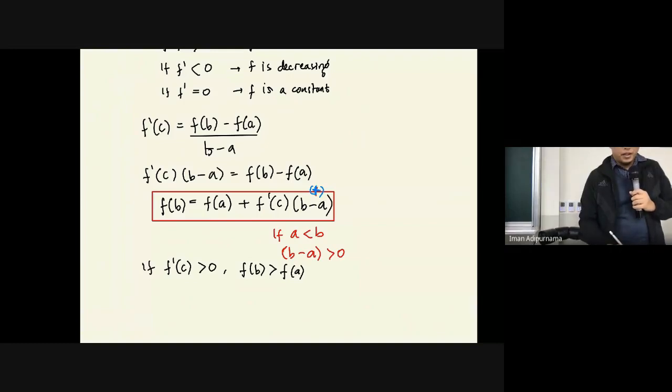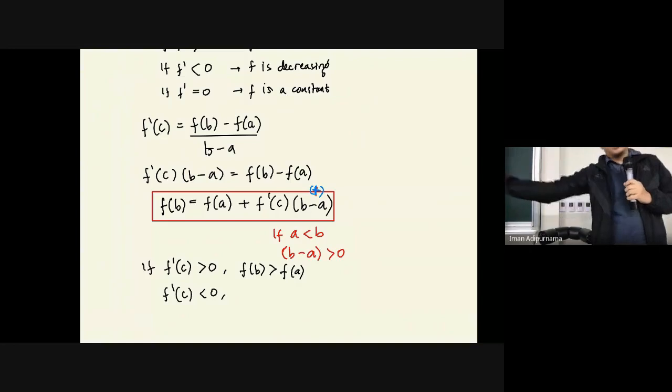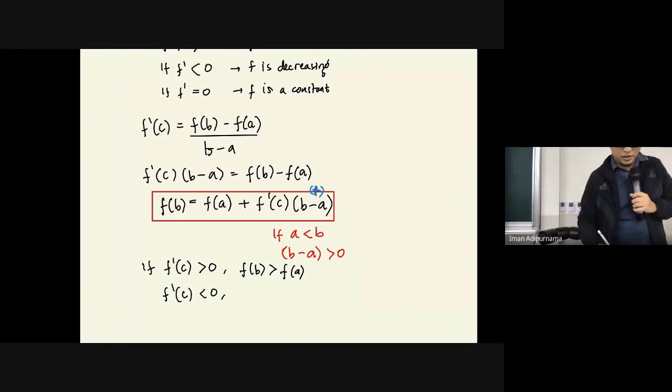And when f prime c is less than 0, it's negative, right? And negative times positive will be negative, so f of b is less than f of a, of course. And when f prime is 0, then you can say f of b is f of a, right?